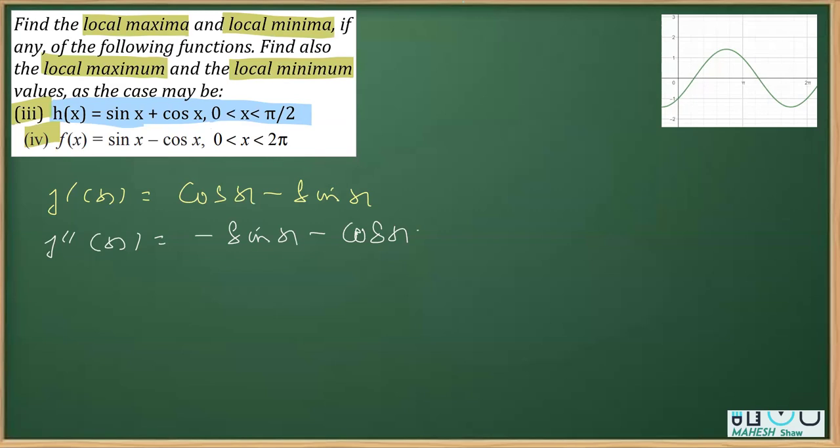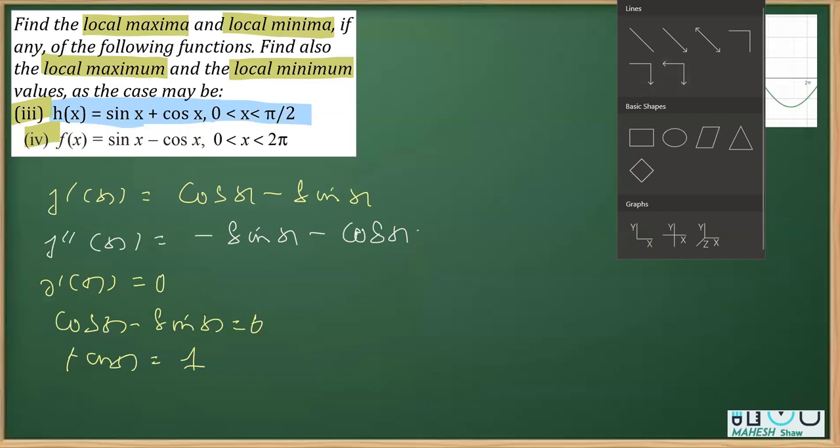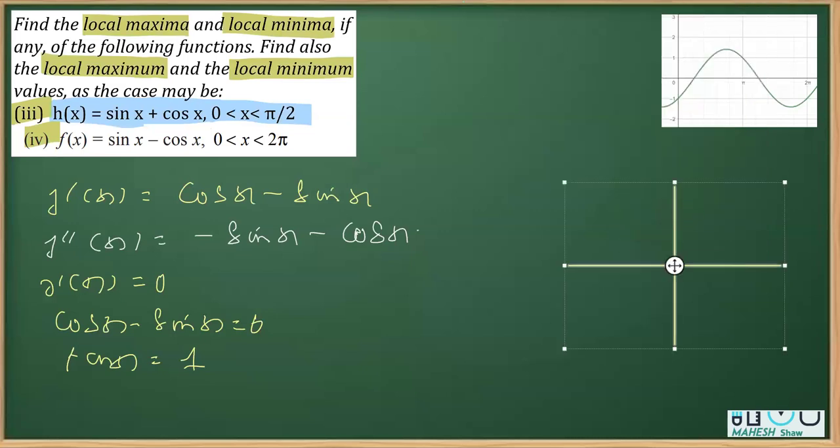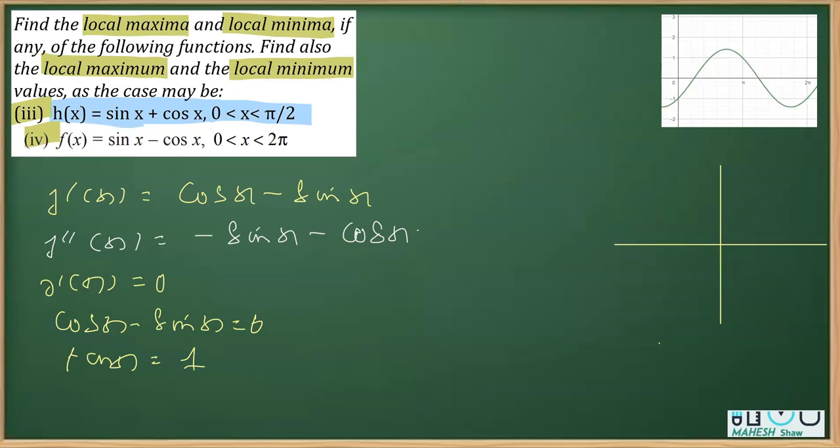Now, for maximum or minimum, f dash x should be equated with 0. So equating this with 0, I'll get cos x minus sin x is equal to 0, or cos x is equal to sin x. That implies tan x is equal to 1. And now we have to consider the quadrant here. We are considering the quadrant from 0 to pi by 2, and from 0 to pi by 2, tan x is 1 only once, when it is pi by 4.